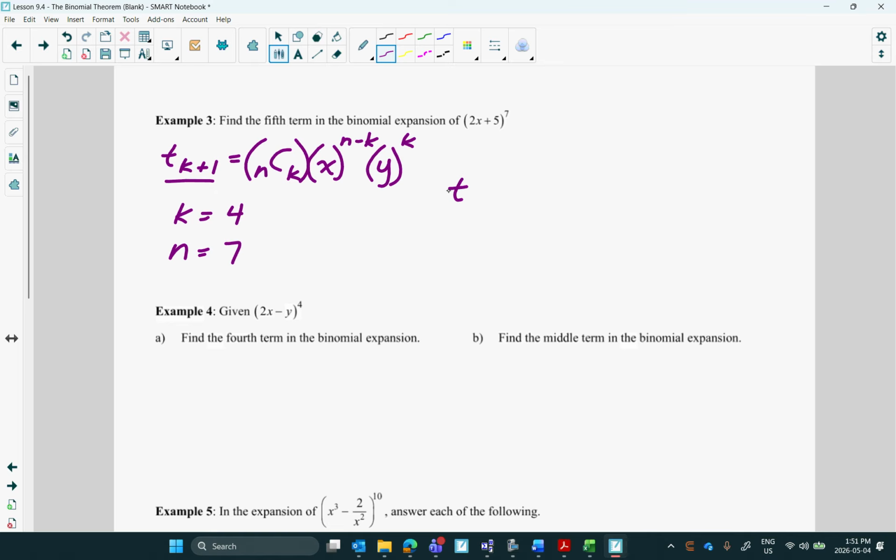So t to the 5, the 5th term, will be 7 choose 4 times 2x to the 7 minus 4 times 5 to the fourth.